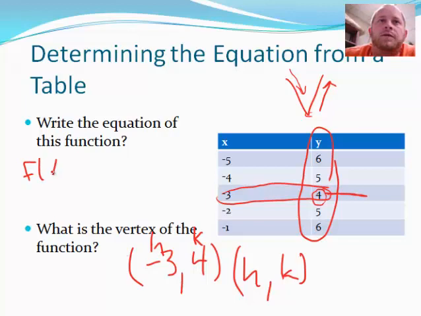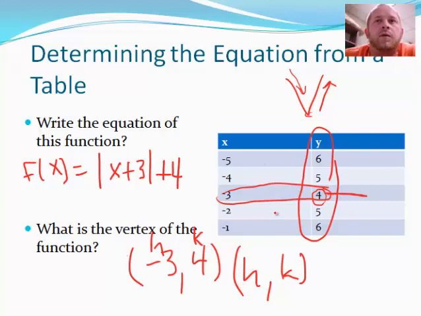We know our absolute value has to have the straight line, and the X is going to be connected to the H. If it's a negative down here, it's a positive in the function, and this is positive, so it stays positive here. So you just created your function just by looking at a table.